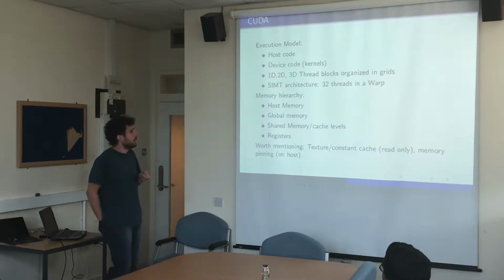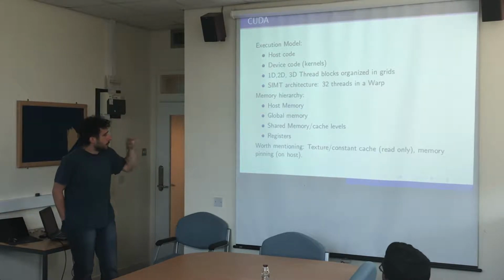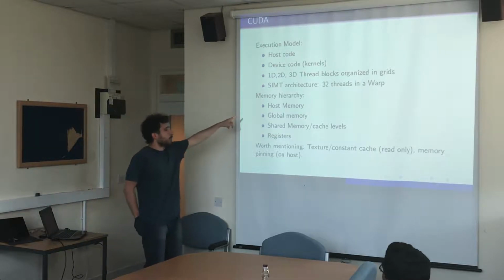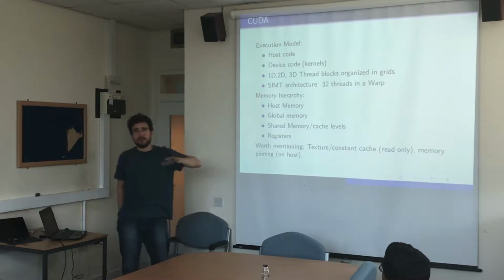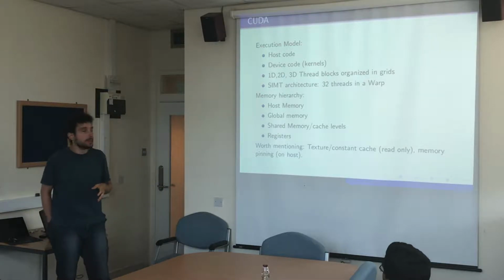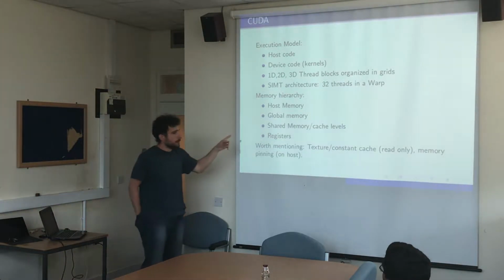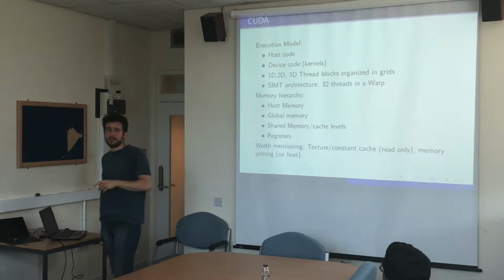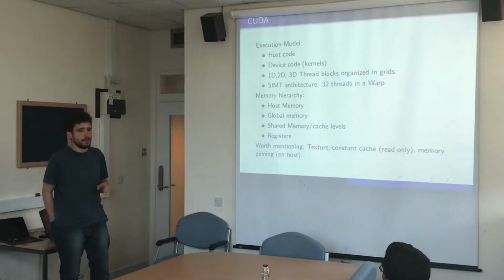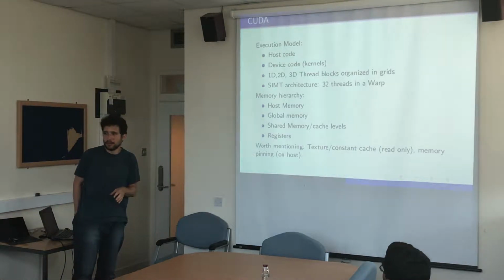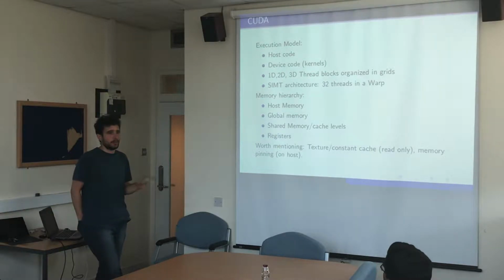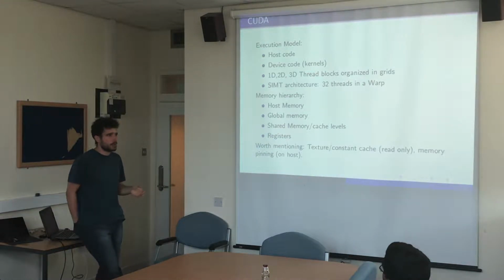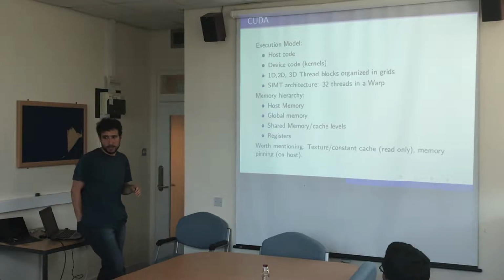I don't know. And while the bandwidth to host memory is around tens of gigabytes per second, the bandwidth to global memory has increased quite a lot, because I think that NVIDIA has realized that there's need for higher memory bandwidth with the global memory. In recent models, it's possibly in the order of 1 terabyte per second.